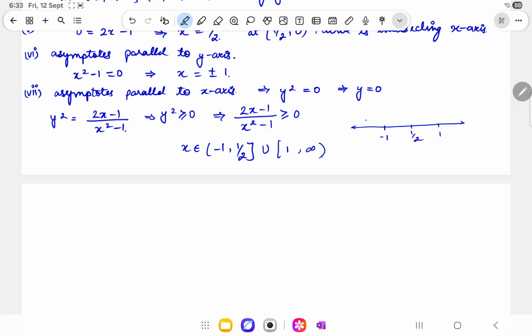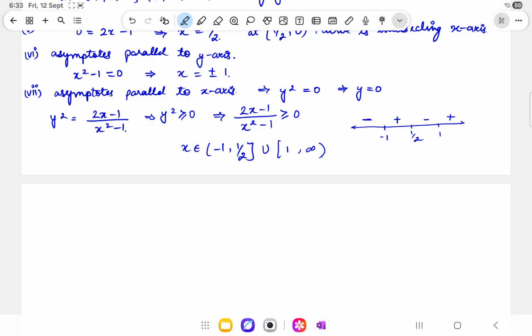You'll find that in between minus 1 and 1 by 2, if I take the point 0, I'll be getting something positive, but if I take x as minus 2, it will be negative. Likewise it will be negative between 1 by 2 and 1, like you can take the point 0.8 maybe. And if you take a point greater than 1, then you'll be getting positive. So this is positive when x belongs to this.